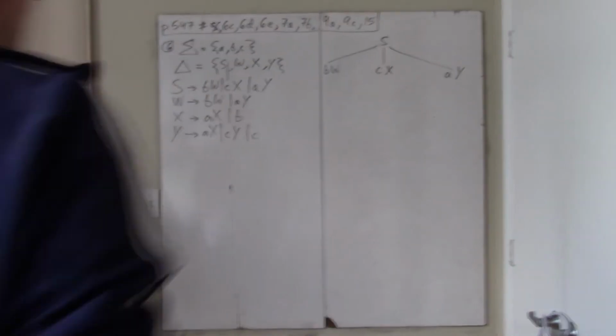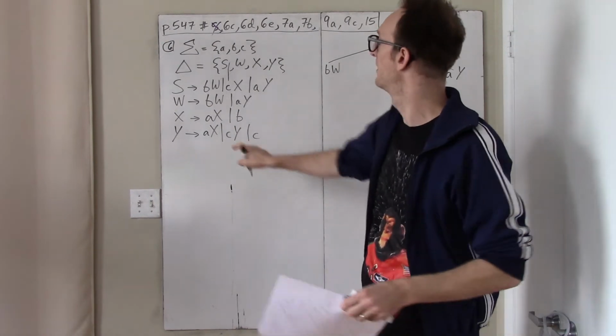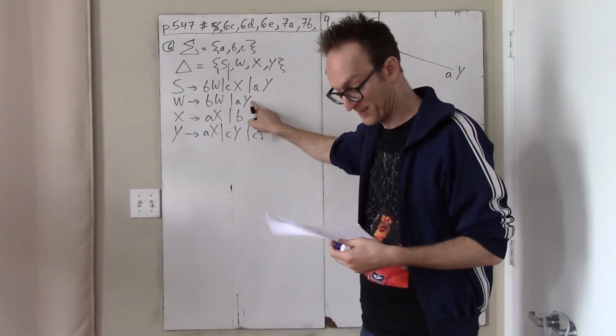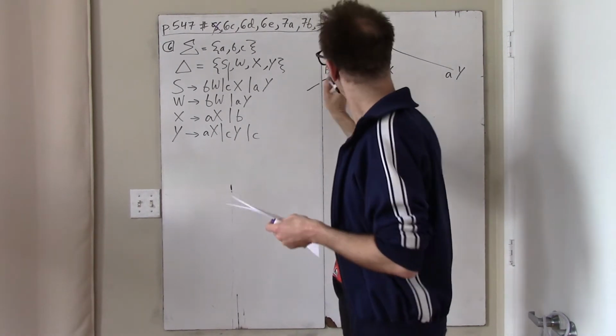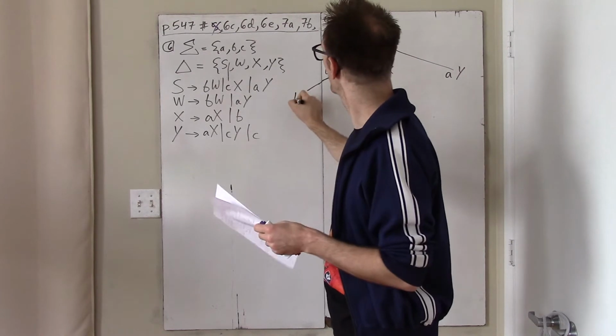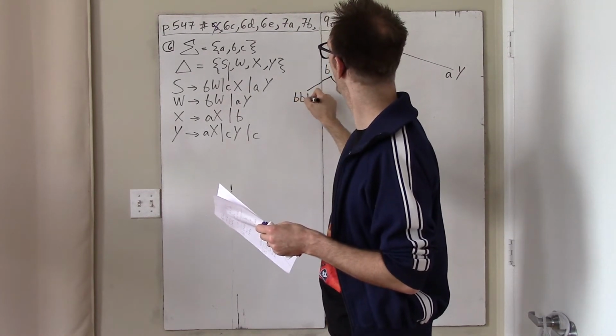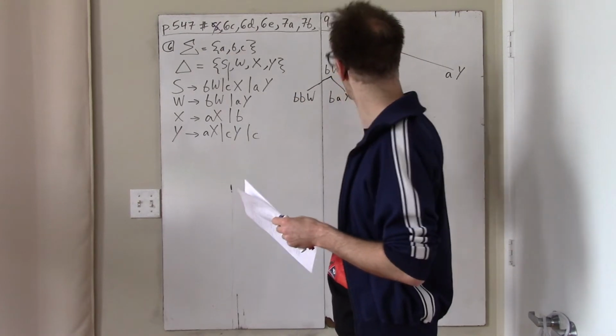When I went to produce the BW, I saw something very sad, which is that W goes to either BW, so I end up with a BBW, or that W gets replaced with AY.